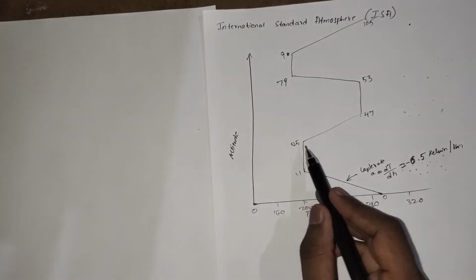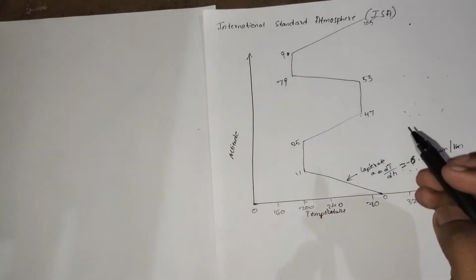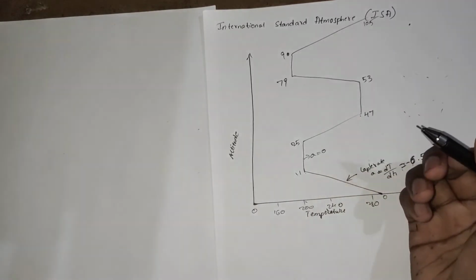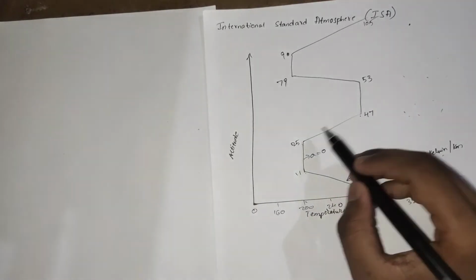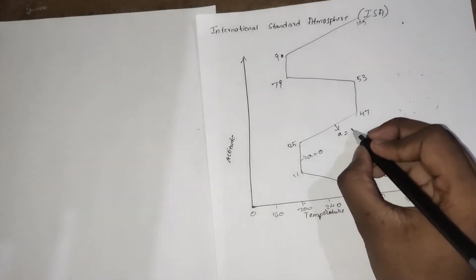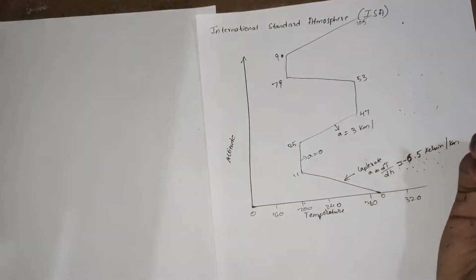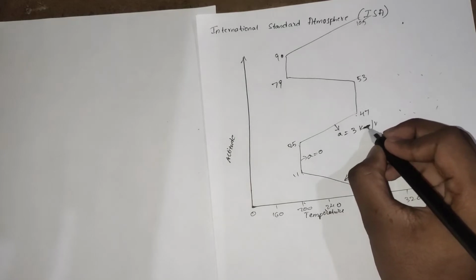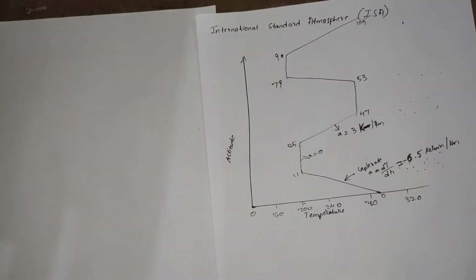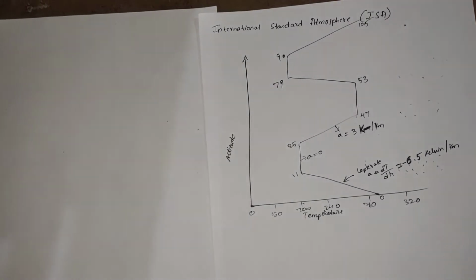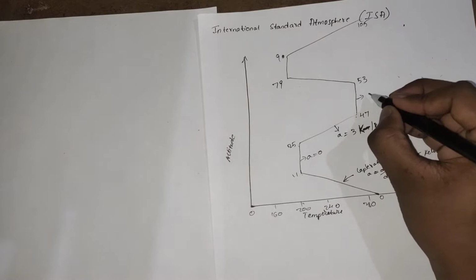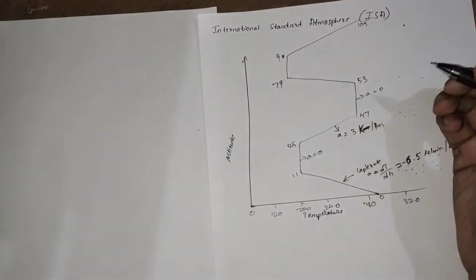And from 11 to 25 kilometers, this region is said to be an isothermal region, and here the lapse rate will be 0. And from 25 to 47 kilometers, the lapse rate is around 3 Kelvin per kilometer. And from 47 to 53 kilometers is an isothermal region with lapse rate 0.